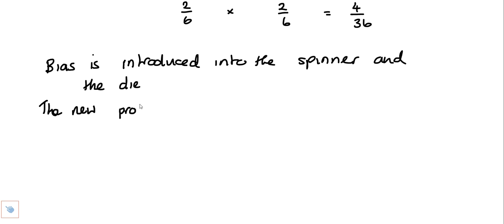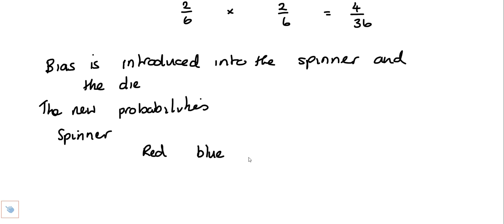The new probabilities are, okay, so on the spinner I've got, well, what do we have? Red, what colours did I have? Blue, green, white.